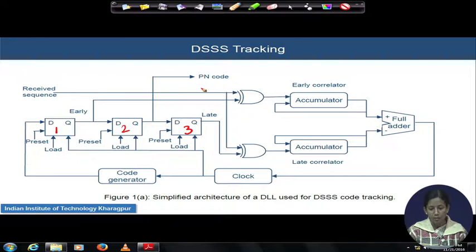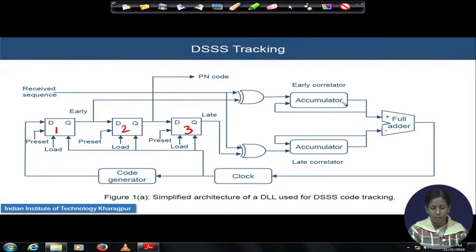The other components present in the circuit are something like this. There are two XORs. One XOR is XORing the incoming signal with the early gate output, and the other XOR gate, the lower one, is XORing the received signal with the late gate output. The outputs of both XOR gates, the upper one and the lower path, are accumulated here.